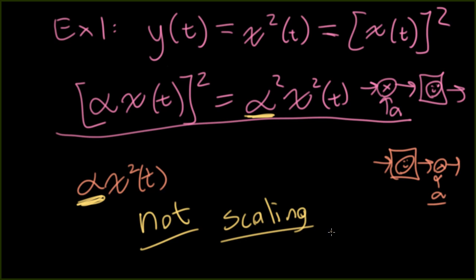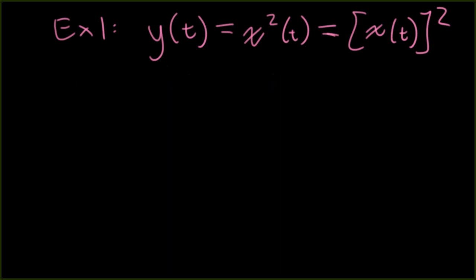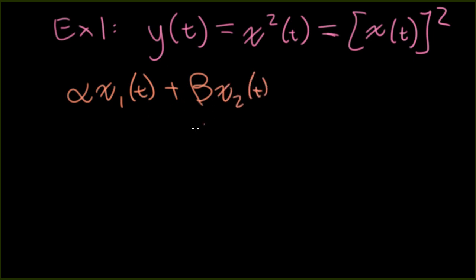Sometimes people will try to check both the scaling property and the superposition property at the same time. And in this example, that would run something like this. You could take your x1, scale it, take your x2, scale it by something else. So here we'll use beta. And then in this case, we'll square it.